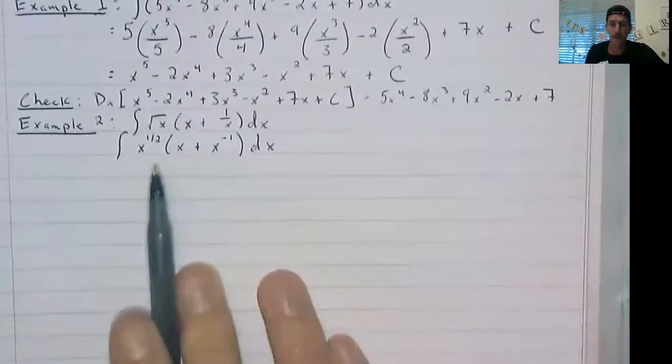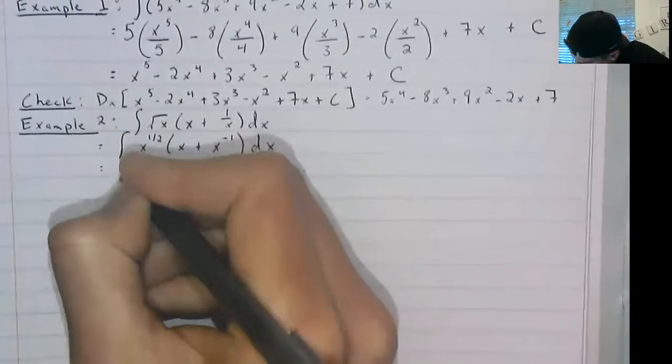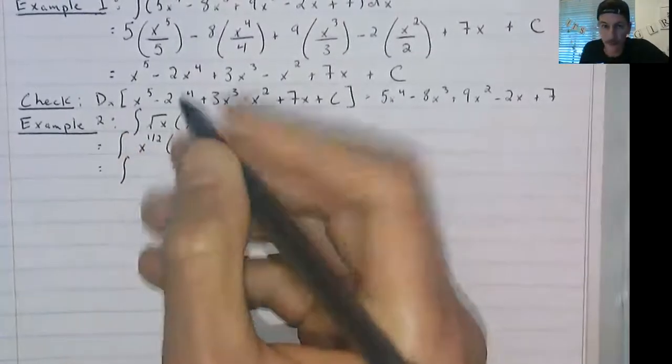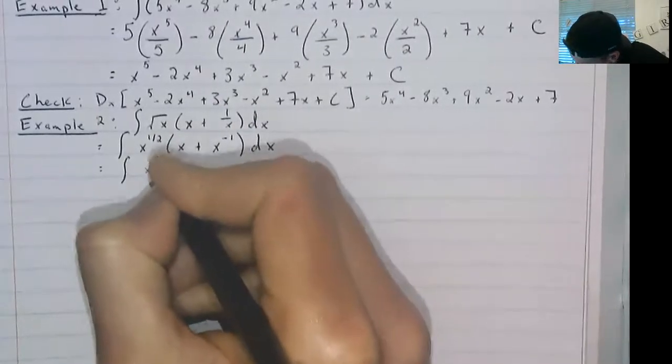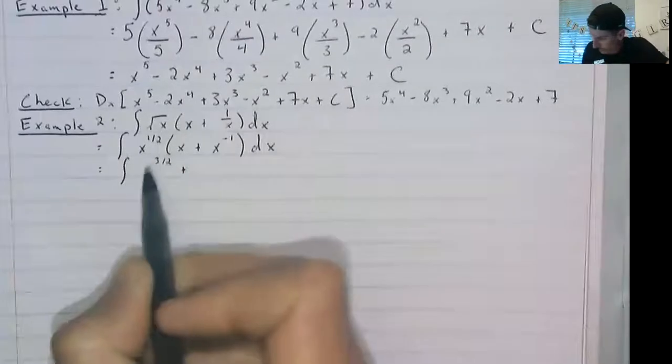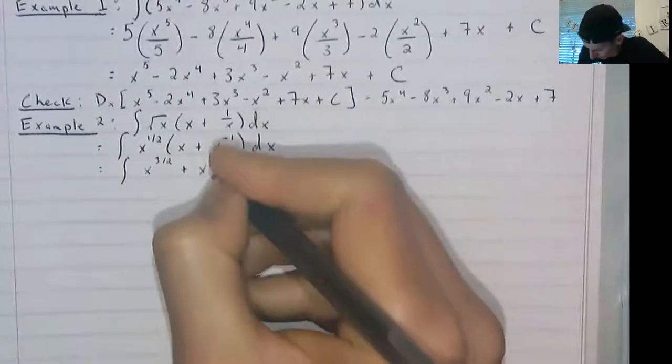So let's distribute this and see what happens. What happens is x to the 1/2 times x gives you x to the 3/2, and x to the 1/2 times x to the -1 gives you x to the -1/2.